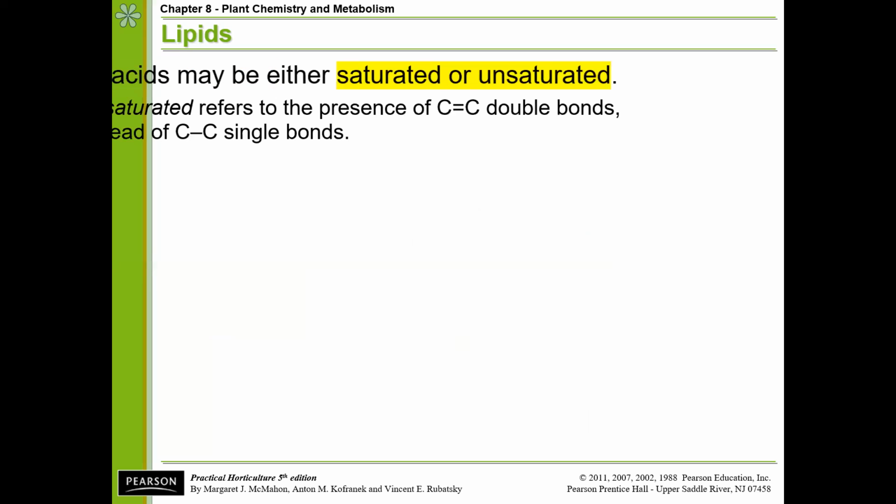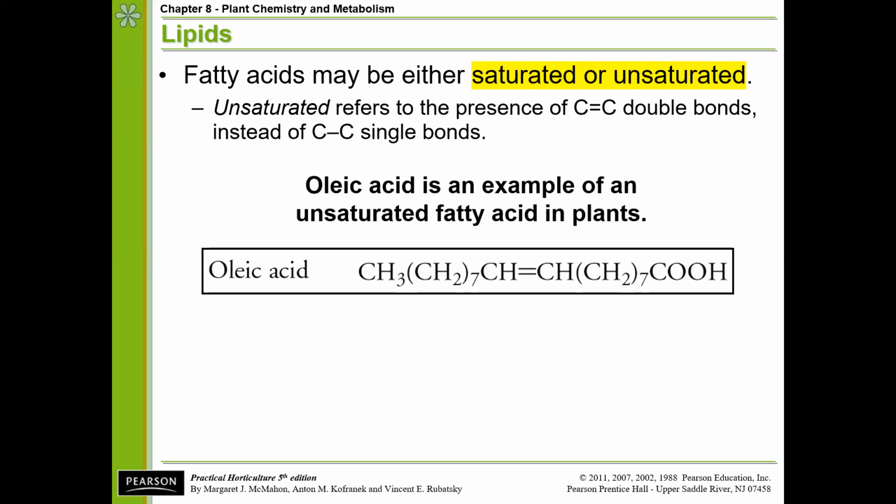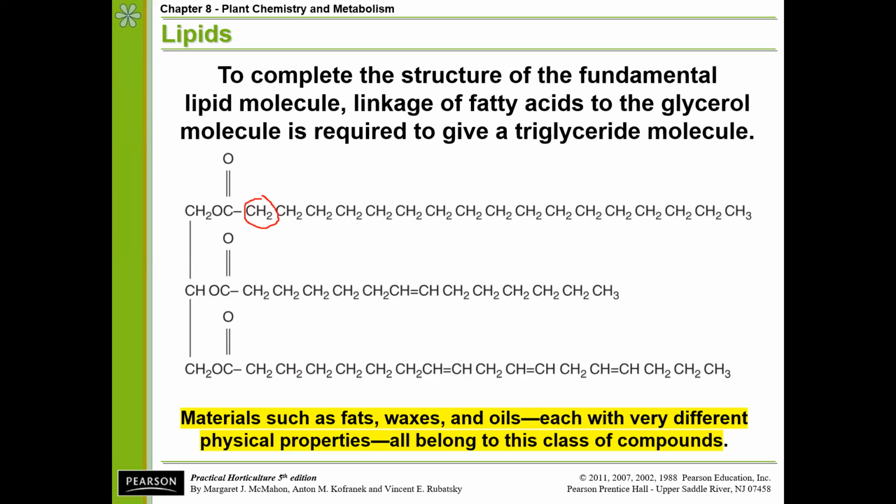These fatty acids can either be saturated, or we say that we want to get more unsaturated fats, because it's really just looking at how these fatty acids are bonded. Oleic acid is an example of an unsaturated fat. I know it looks kind of painful, but it's a simple form even though it looks very complex.